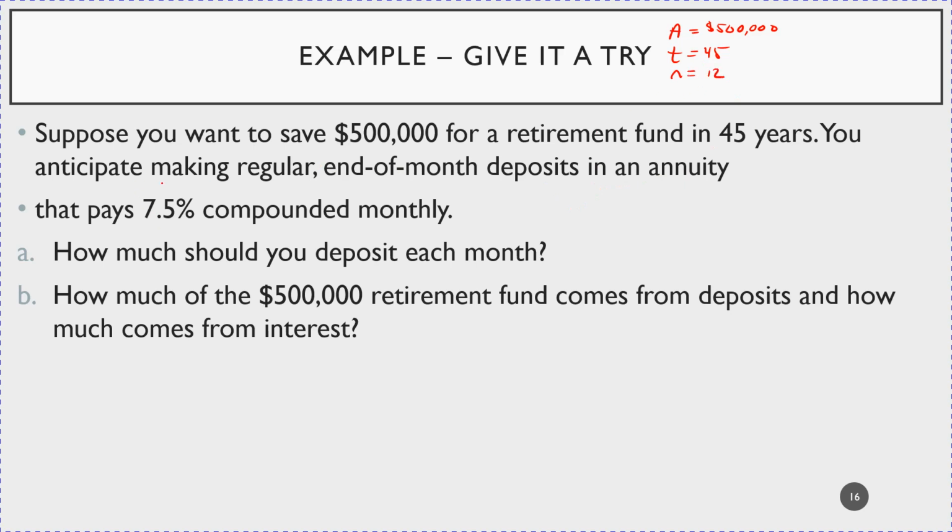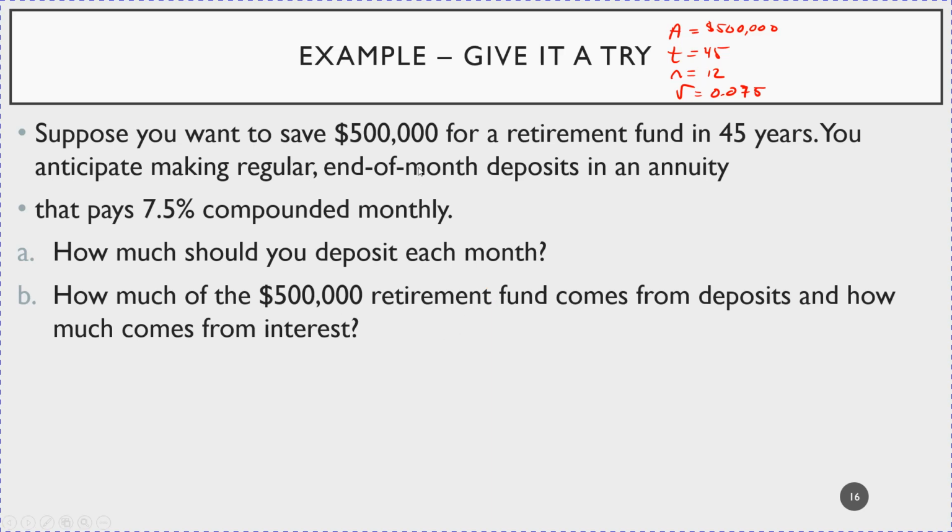It's paid 7.5% compounded monthly, so your rate is 0.075. Again, how much should you deposit each month? And how much of that $500,000 retirement comes from deposits and how much comes from interest?